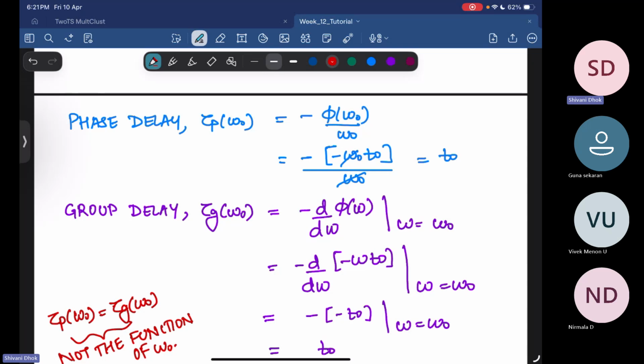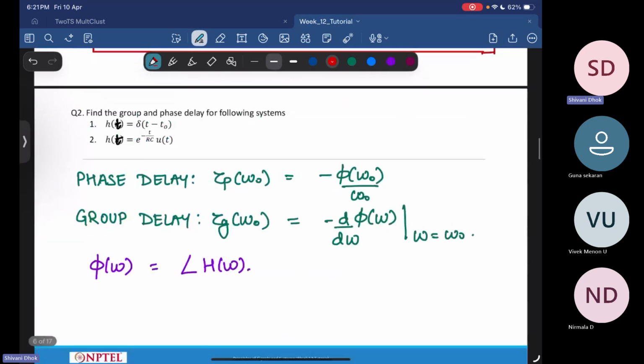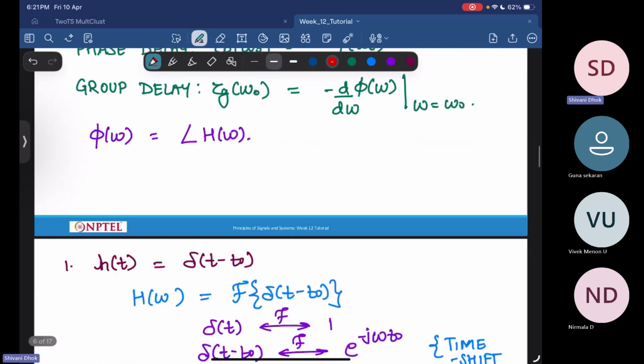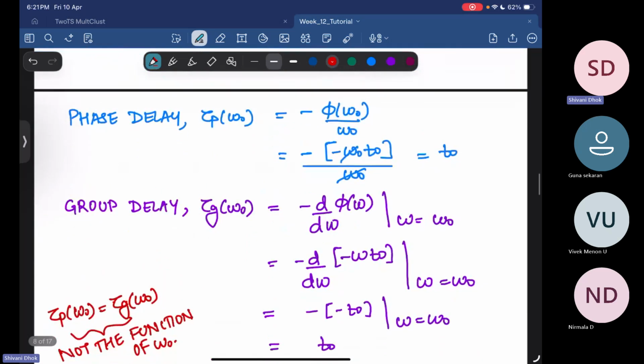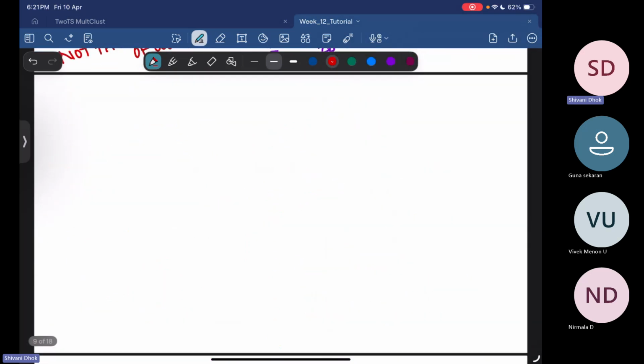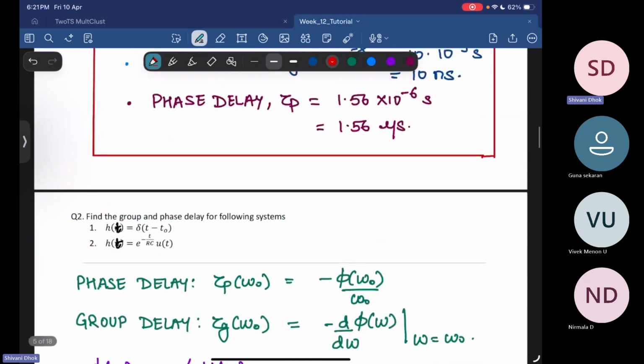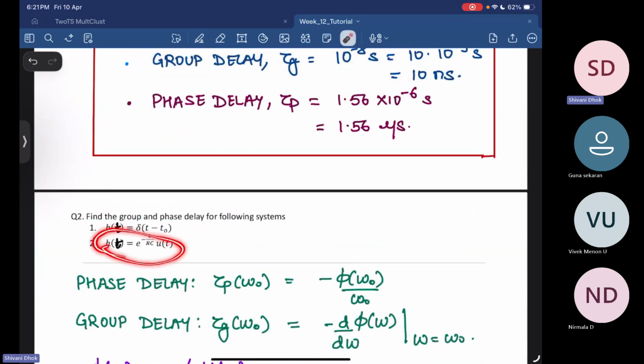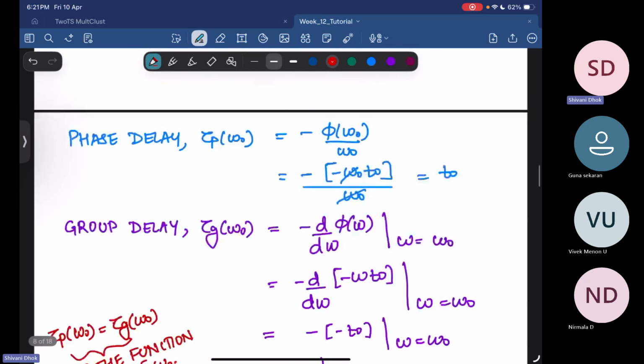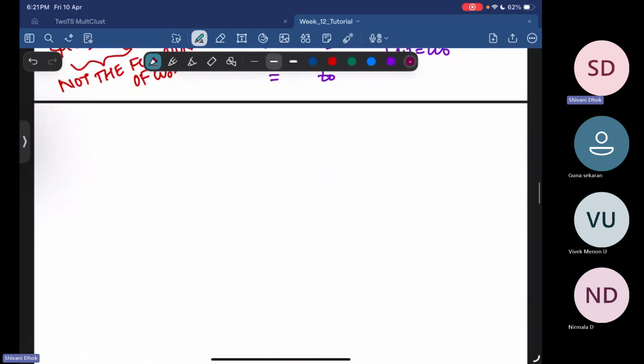Now let us try to repeat the exercise for the second system that is given to us. The second system given to us is e power minus t by RC times u of t. Let me add a page. So this is the second system: h of t is e power minus t by RC u of t.